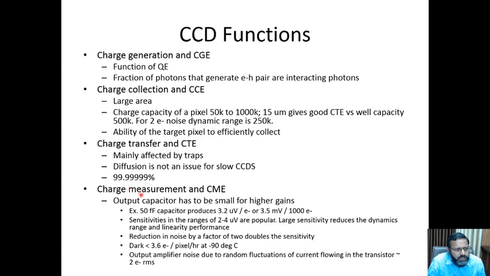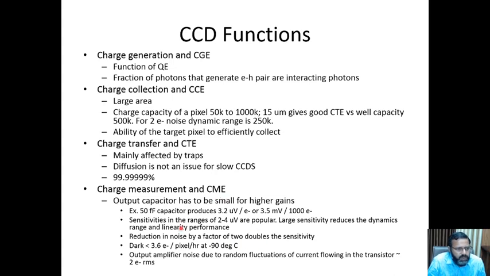There is one more function, charge measurement, where the pixels are shifted out onto an output capacitor, and it is designed so that you get a good voltage which is detectable in the presence of noise. So this is associated with charge measurement efficiency.